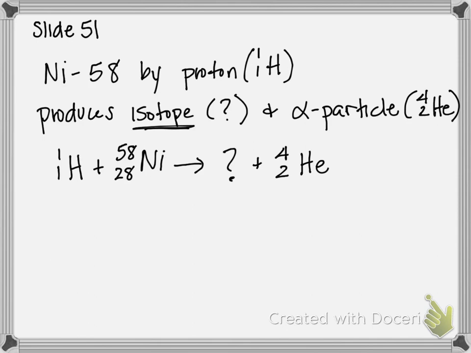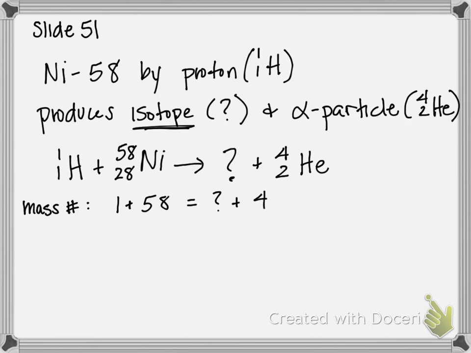So, slight difference from previous problems. Previous problems, we only had one element on our reactant side and two on our product side. Now we have two elements on each side. So, to figure out the mass number on the reactant side, let's do mass number 1 plus 58, and that has to equal some number plus 4.